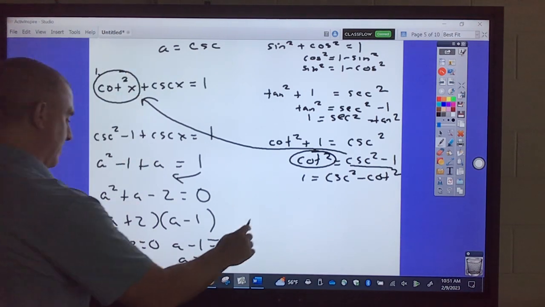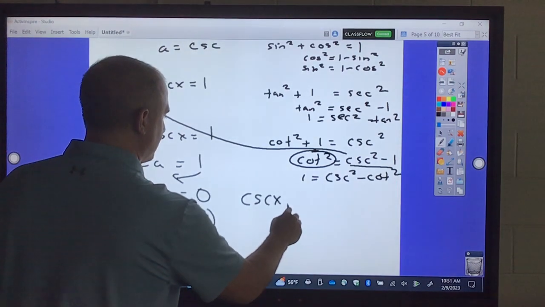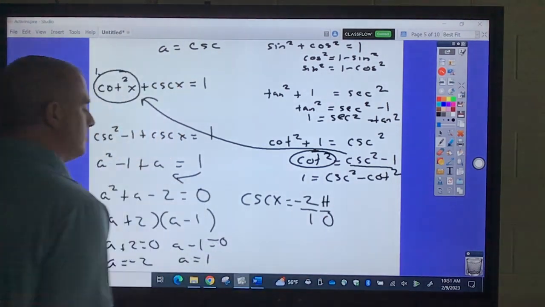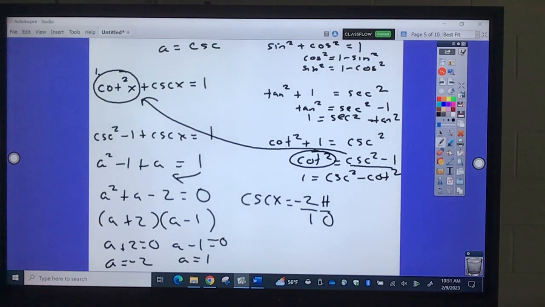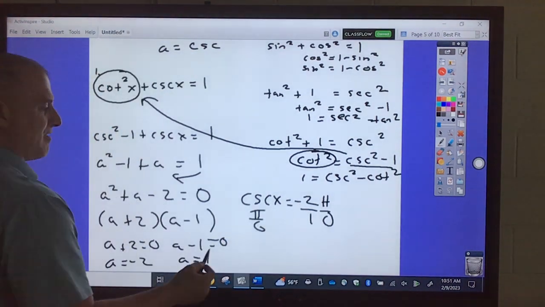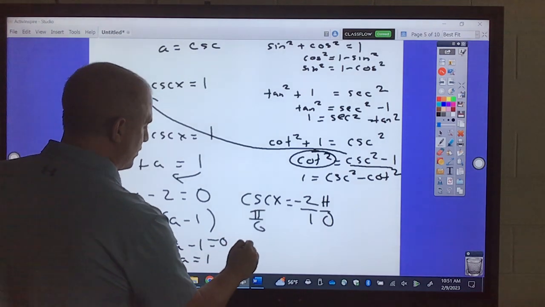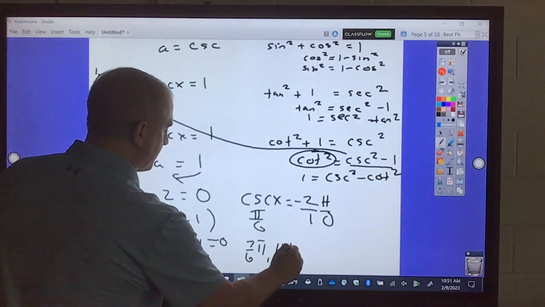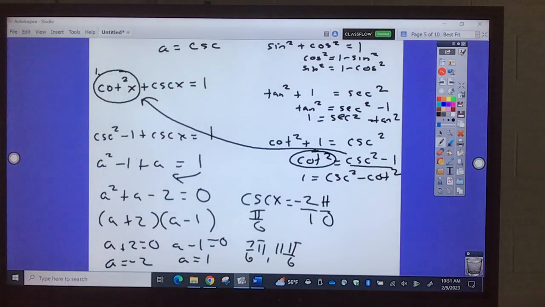Bring back cosecant. Cosecant of x equaling negative 2 over 1, which is h over o, okay? The triangle that would have an h of 2 and an o of 1 would be the pi over 6 triangle. And since cosecant is negative, that would be quadrants 3 and 4. So that's 7 pi over 6 and 11 pi over 6.